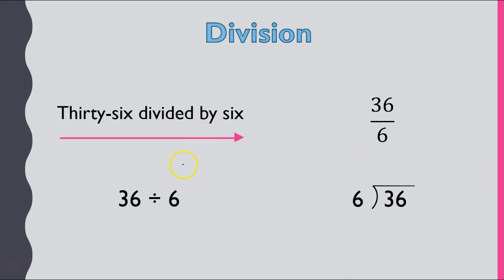If it looks like this, you're also going to read it like a sentence, straight across from left to right. 36 divided by 6.